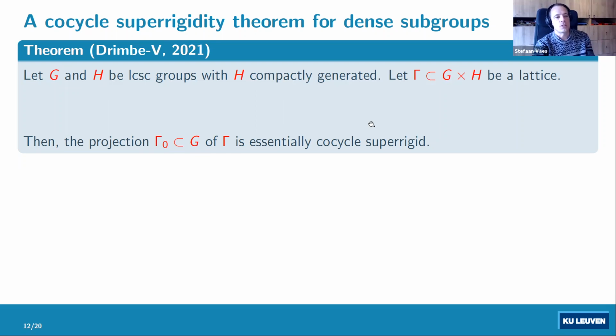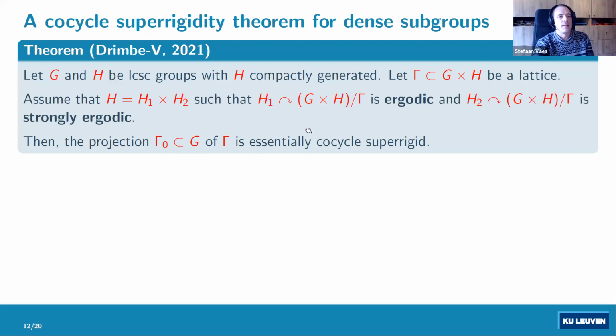And now we make two assumptions, and these two assumptions will ensure that this subgroup is indeed essentially cocycle superrigid. The assumption is that your H is itself a product of two groups. And now we have to put the correct notions of spectral gap and so on. So gamma is a lattice, so G times H mod gamma is a probability space.